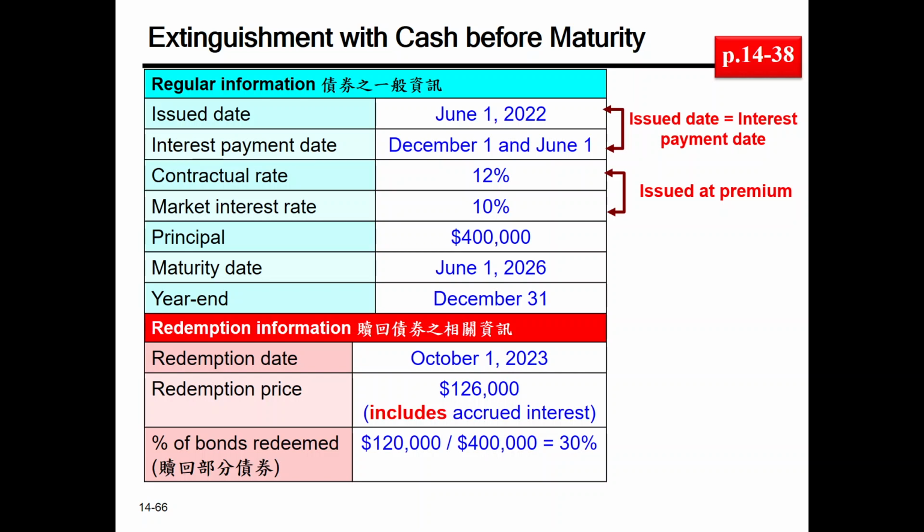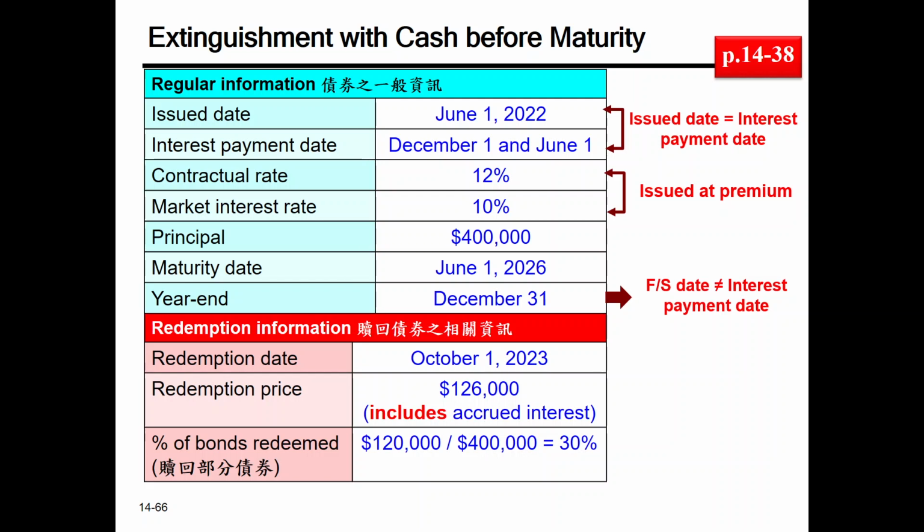Based on year end, I know financial statement date is not the same as interest payment date. So you should be careful about this one, because financial statement date and interest payment date, they are not the same.